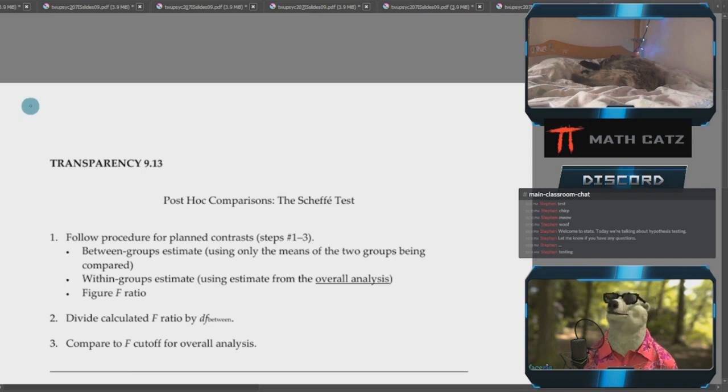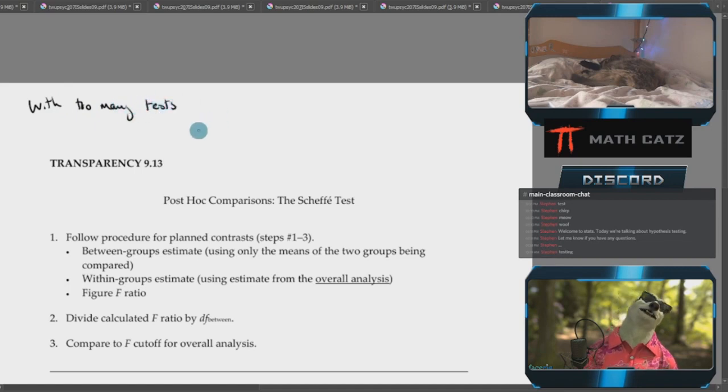Now in the case of 3 groups, it's not that bad, right? I only have 3 different combinations: group 1 and 2, 2 and 3, or group 1 and 3. Not too many. But if I start with many groups and I'm looking to find which pair has that significant difference, that's going to be a lot of tests potentially.